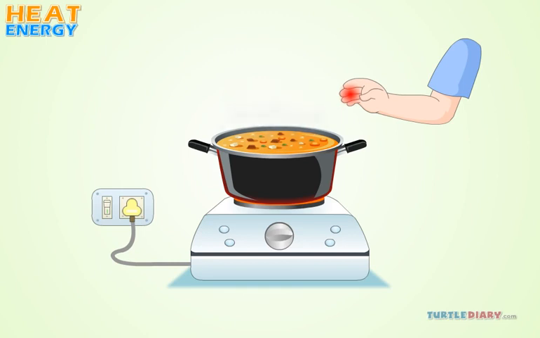Your hand had a different temperature than the hot pot. Your hand was much cooler than the hot pot. Heat energy always travels from a hotter substance to the colder substance. In this case, it travels from the pot to your hand.